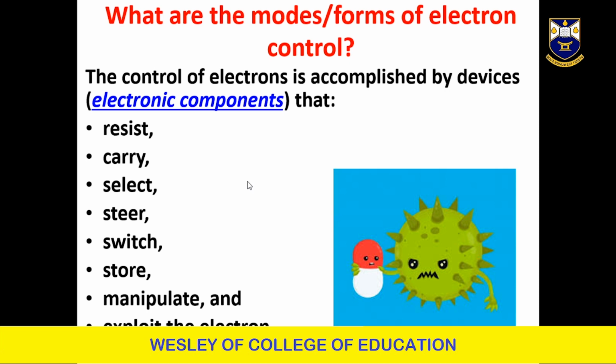So the modes of electron control in electronics range from resisting, carrying, selecting, steering, switching, storing, manipulating, and exploiting of the electrons.